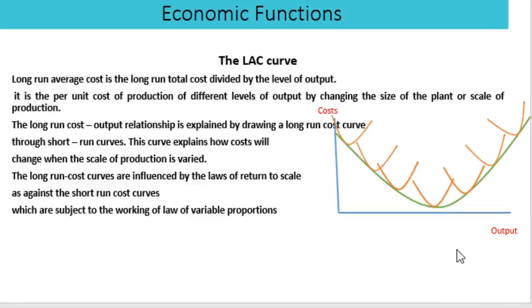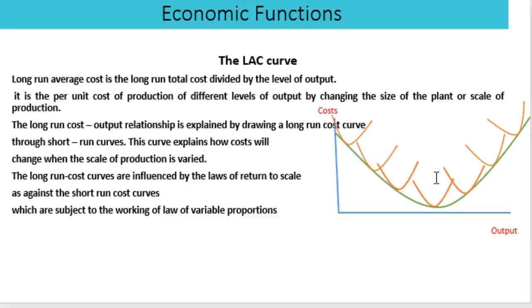The next one is the long run average cost curve. Long run average cost is the long run total cost divided by the level of output. It is the per unit cost of production of different levels of output by changing the size of the plant or scale of production. The long run cost output relationship is explained by drawing the long run cost curve. This curve explains how the cost will change when the scale of production is varied.